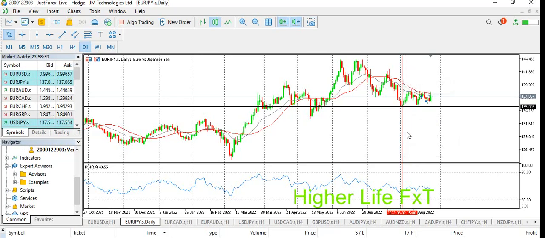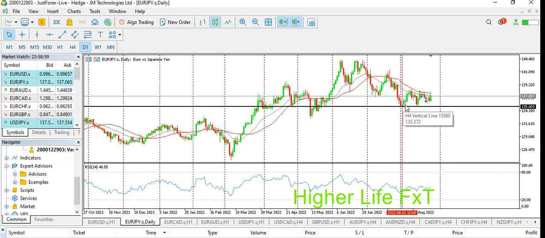So I have switched from the 4 hour time frame to the 1 day time frame, 1 day candles, and we can see that the price was here.